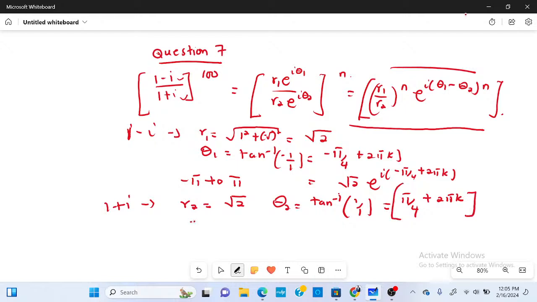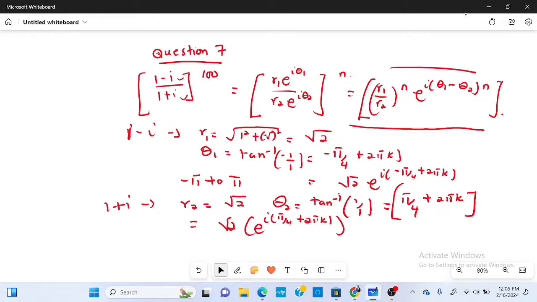So my complex number in polar form becomes square root of 2 multiplying e to the power I open brackets pi on 4 plus 2 pi k.